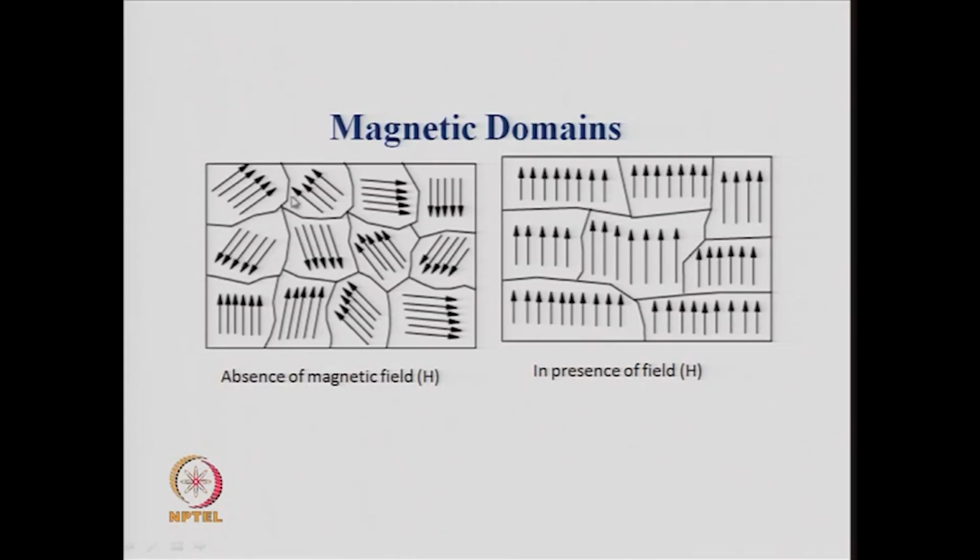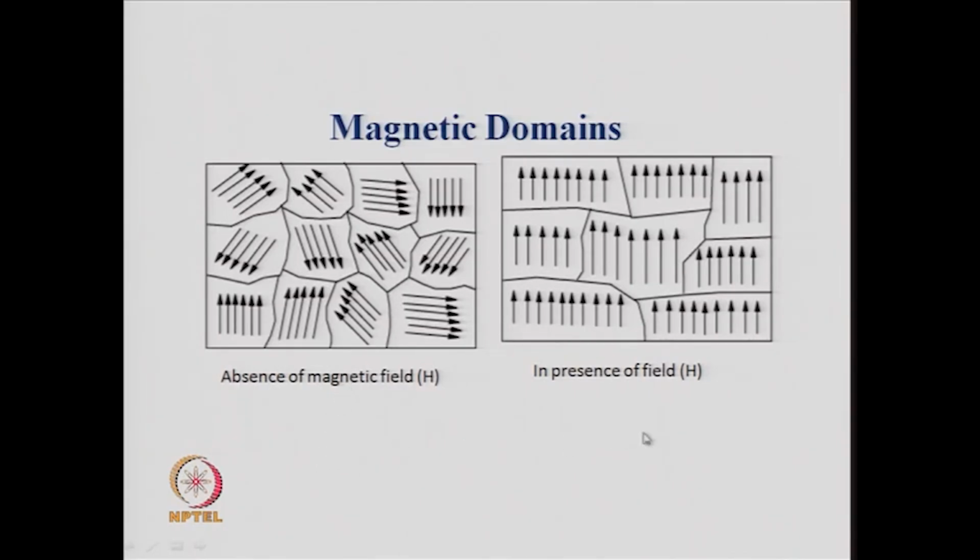In small domains, the magnetic vectors are aligned, because it is a ferromagnet, it should be aligned, but they are not aligned in the neighboring domains. Now, this normally happens in the absence of a magnetic field for a ferromagnet. In a ferromagnet, ideally all the vectors should be aligned.